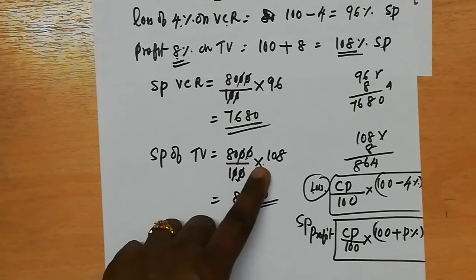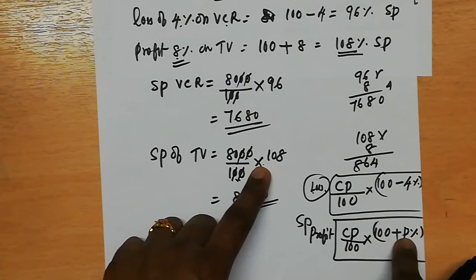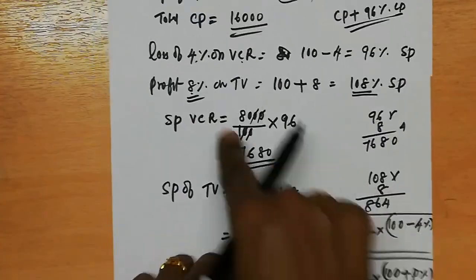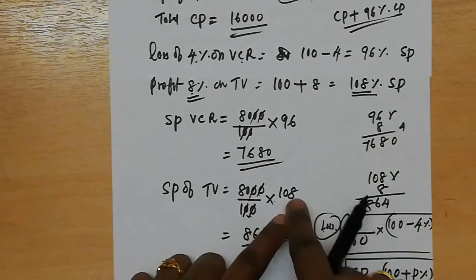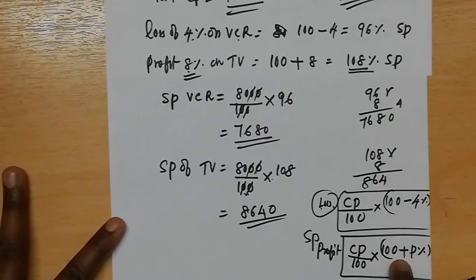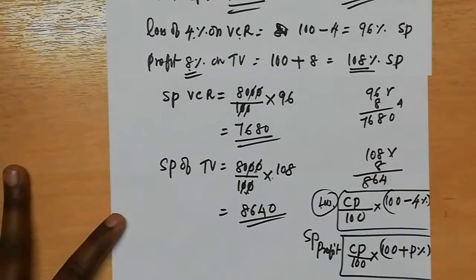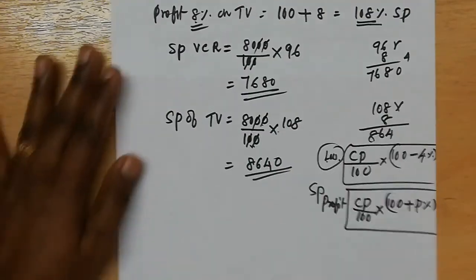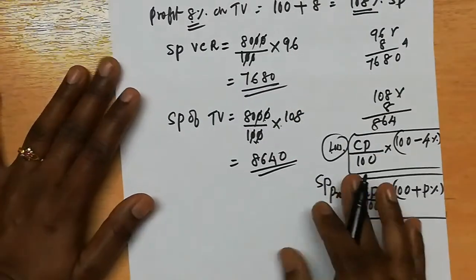That is 8,000. Then 100 plus profit, and the profit is 8%. So 100 plus 8, that is 108 only. Either you can follow this equation or think about it this way. Okay, clear? Now we got the selling prices separately.